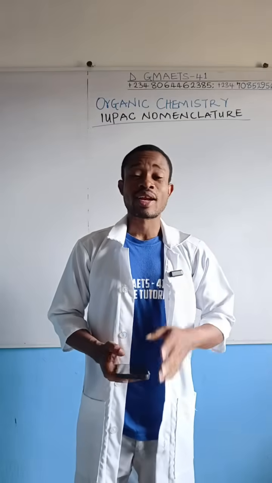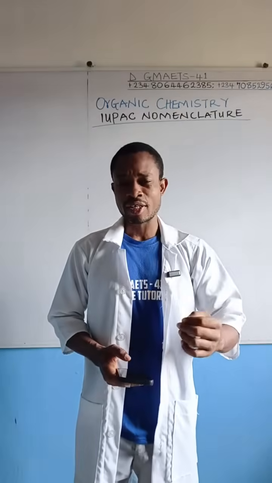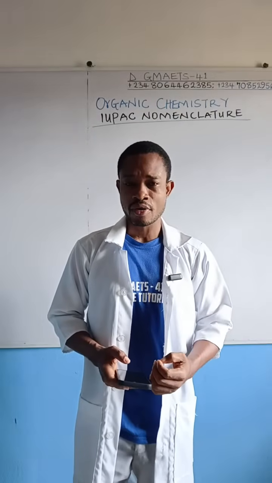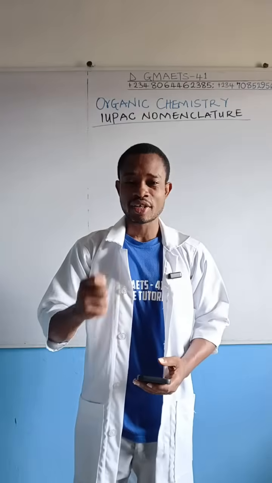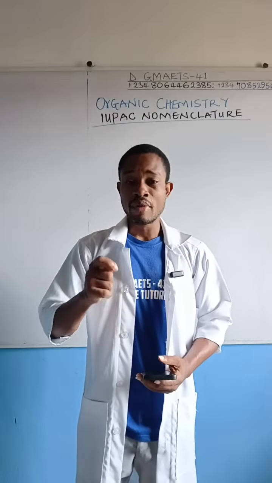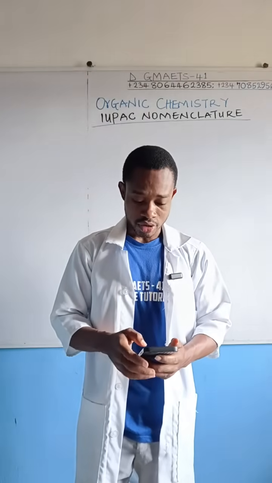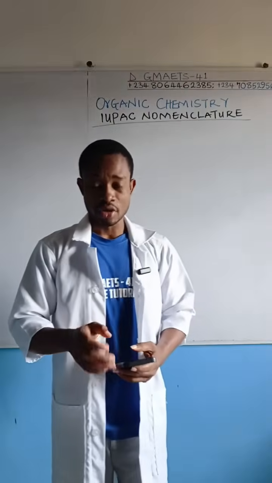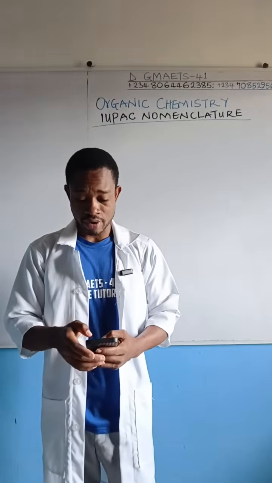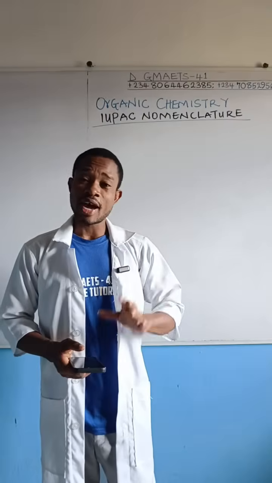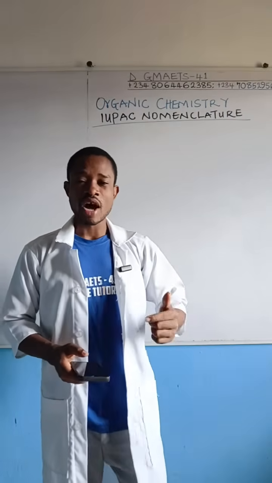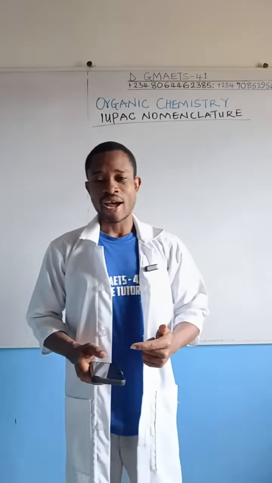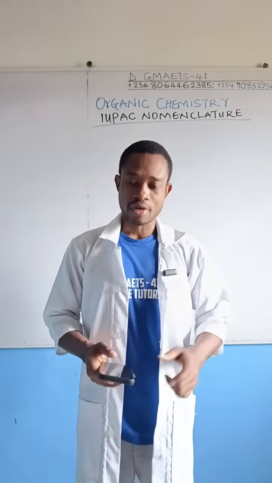In our previous class, I remember explaining the concept of functional groups. I remember telling you that for you to survive organic chemistry, you want to make sure you remember the functional groups of these compounds. Very important. For any structure that I write on the board, the first thing you have to do is identify the functional group.